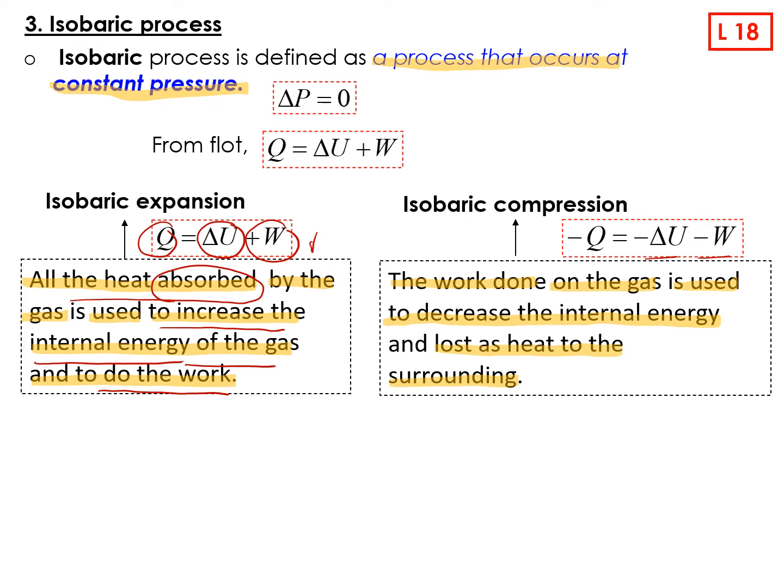Is it clear? Q is negative because the heat is lost, ΔU is negative because the internal energy is decreasing, and W is negative because the work is done on the gas.